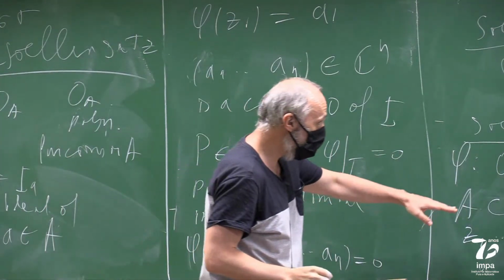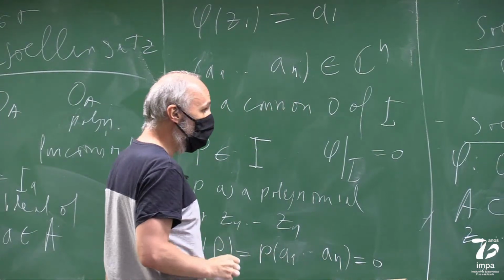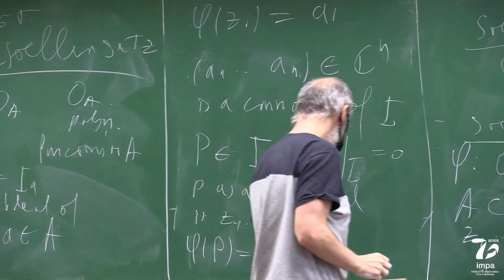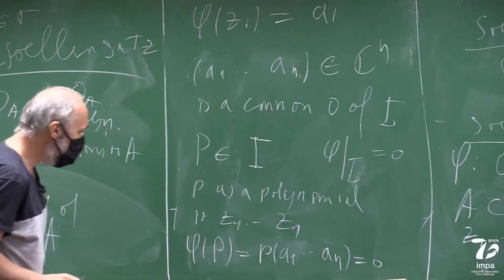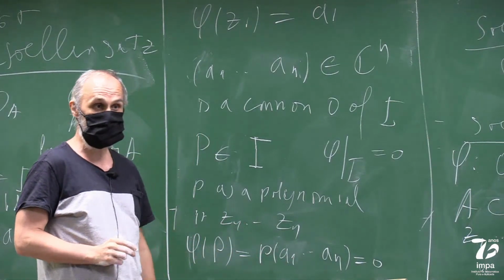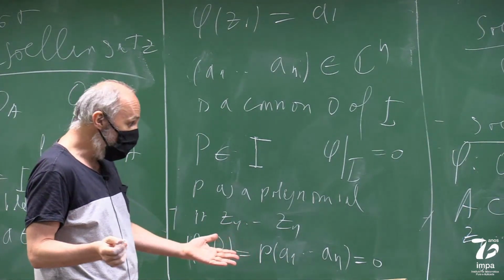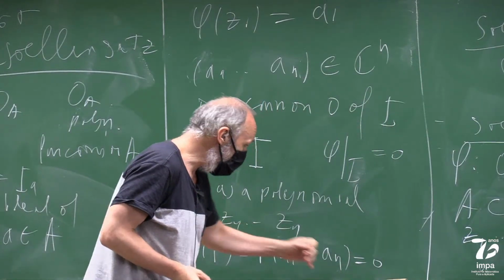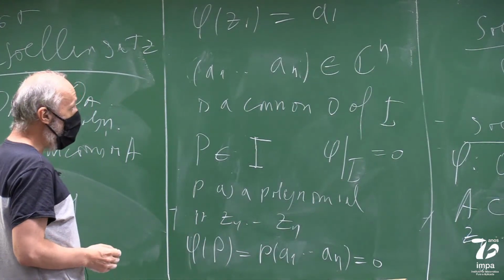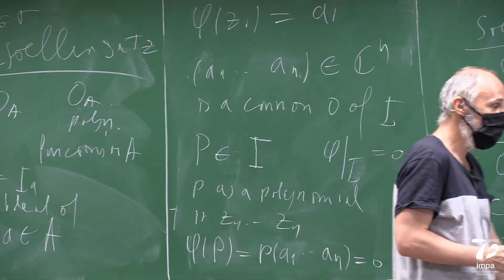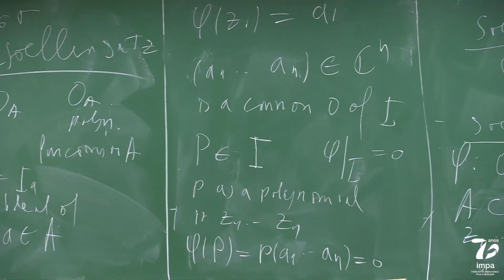Phi is a map from OA to the quotient. So this means that P of A1, ..., An is equal to 0. And this precisely means what we want, that (A1, ..., An) is a common zero of our maximal ideal I. And this finishes the proof.